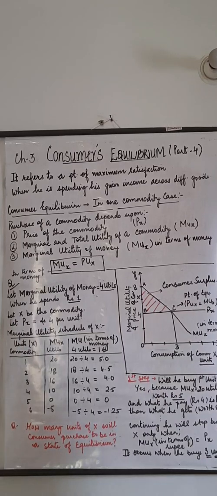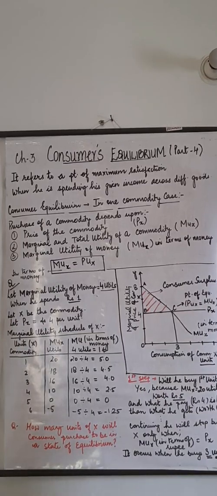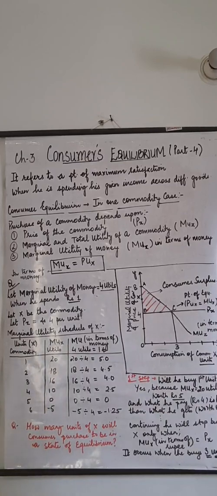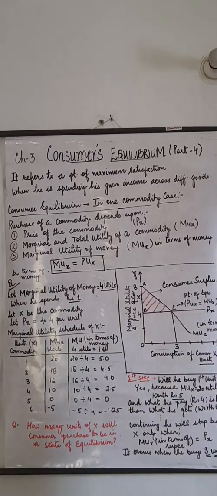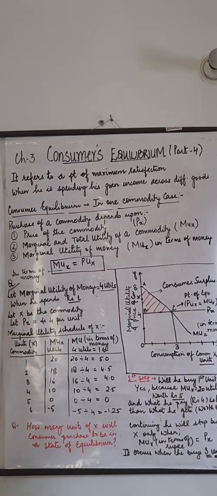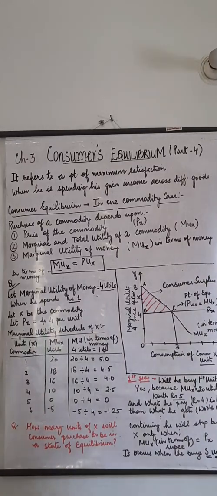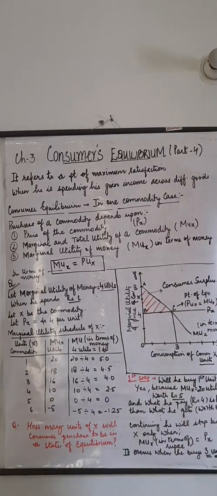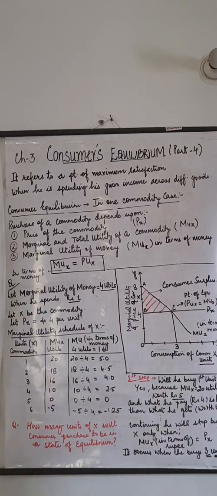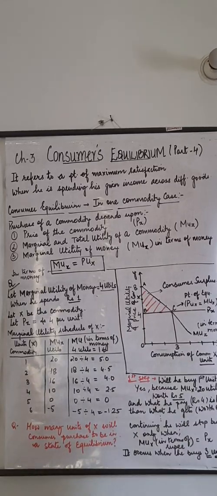If I am having 10 rupees, I'll be spending my 10 rupees only. I cannot spend 11 rupees because I don't have. But I can get maximum satisfaction if I get 12 rupees worth of thing at the 10 rupees point.